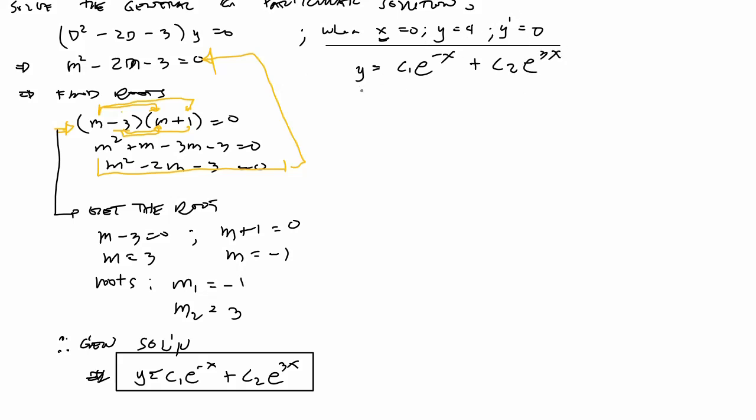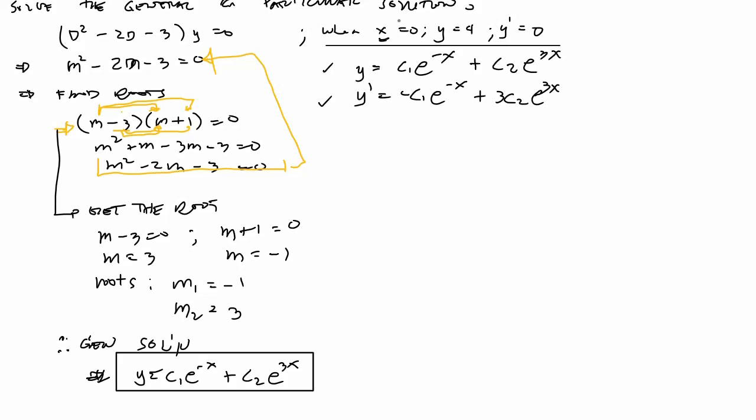To get the first derivative, we have y prime is equal to negative C1 e to the negative x, and also for this term, plus 3 C2 e to the 3x. So now we have the general solution as well as its first derivative.